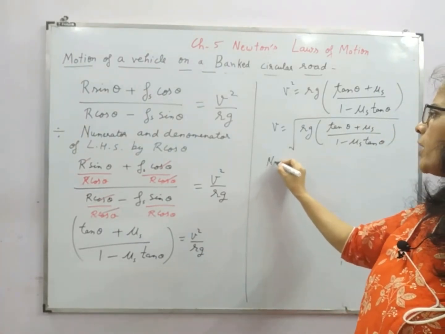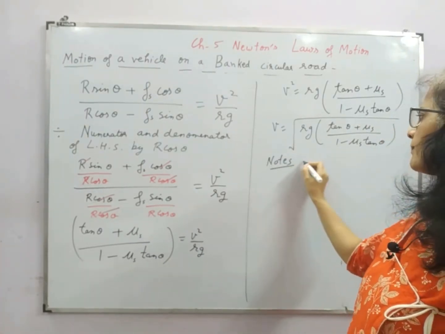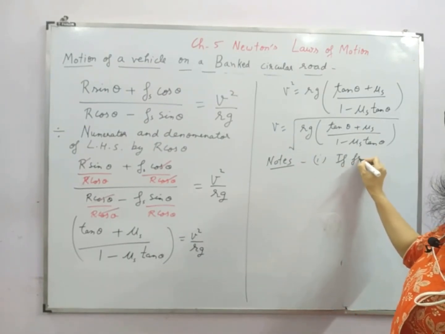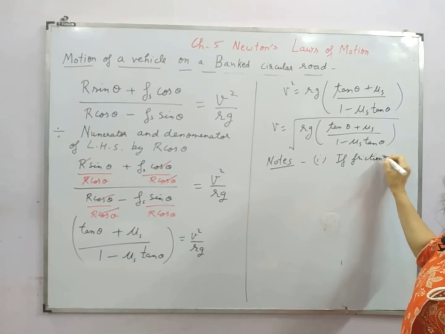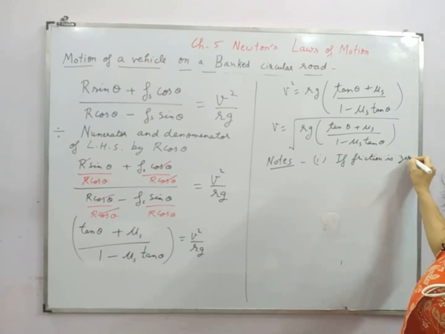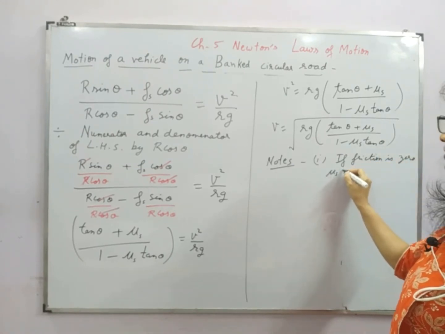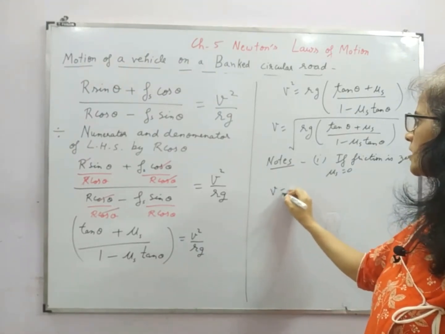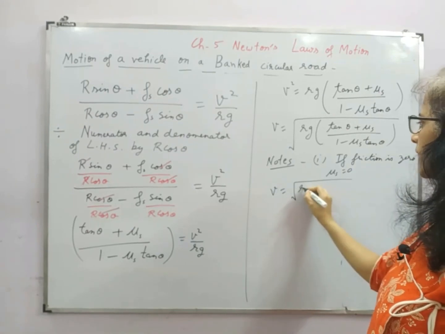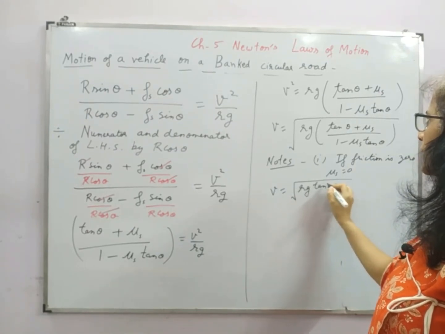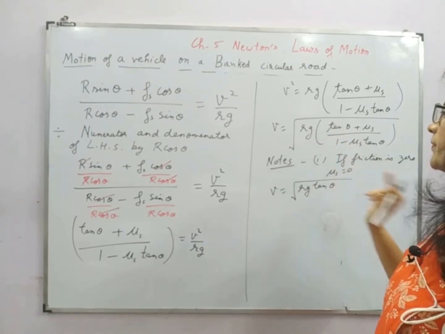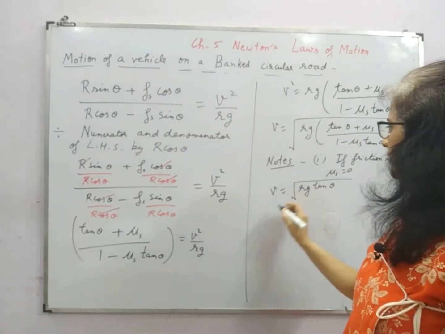So important points over here: number 1, even if friction is 0, which is an ideal case. So if friction is 0, then what will be the value of velocity? This will be under root of rg tan theta, because this will be 0, this will be 0, so the result will be under root rg tan theta.